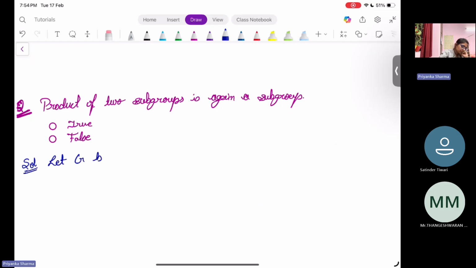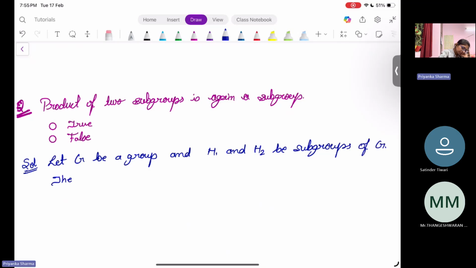Let G be a group and H1 and H2 be subgroups of G. Then is H1H2 a subgroup or not?